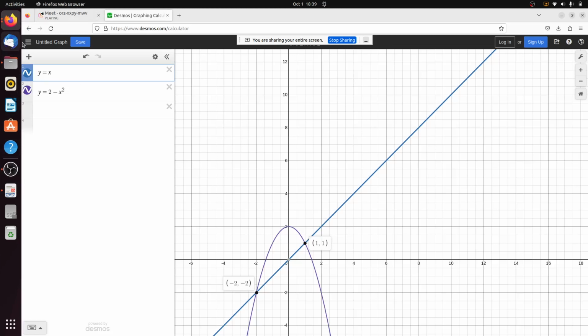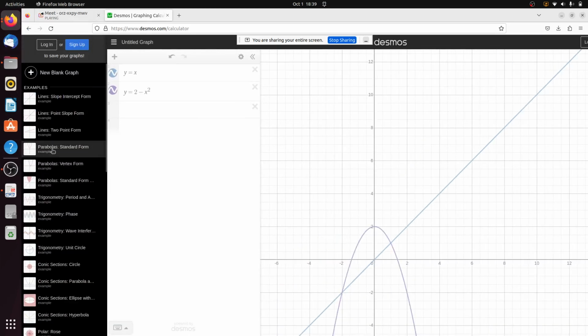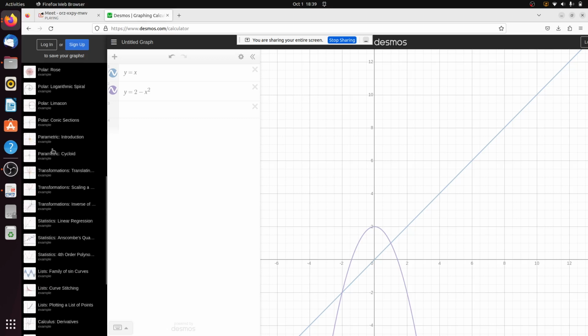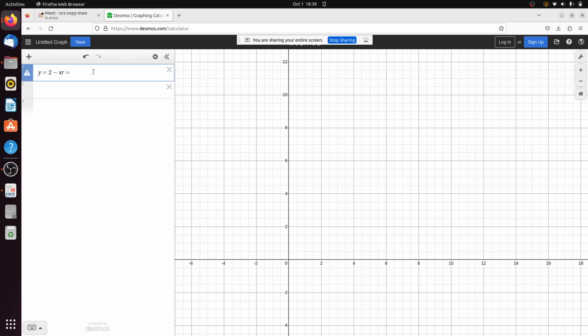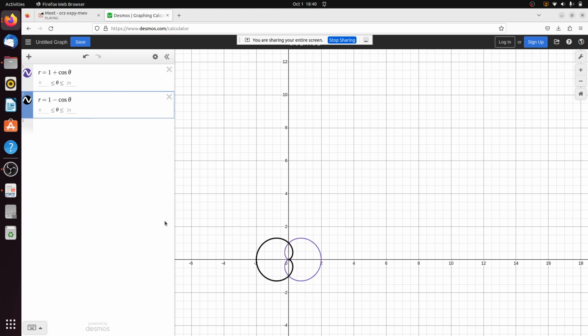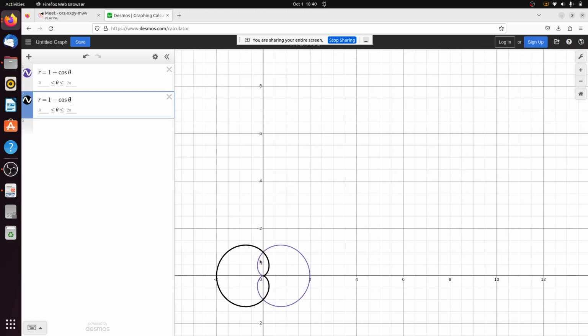Okay, r equal to 1 plus cos theta and r equal to 1 minus cos theta. See, so you have to integrate in between.